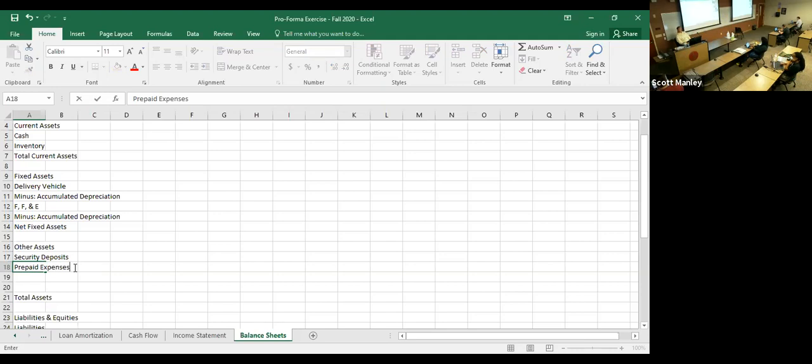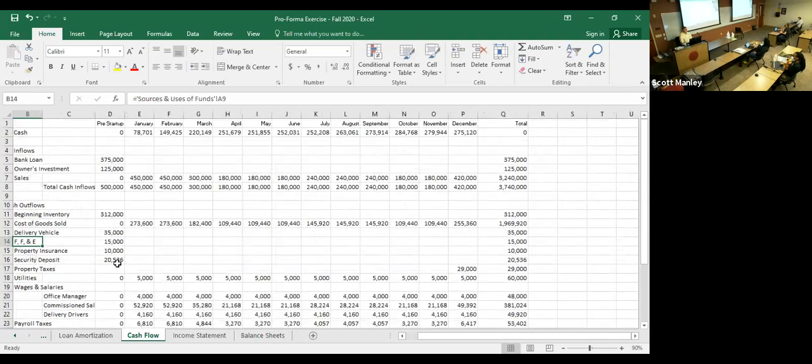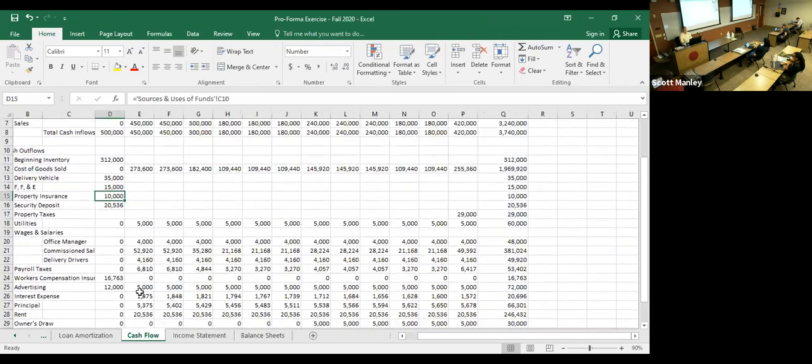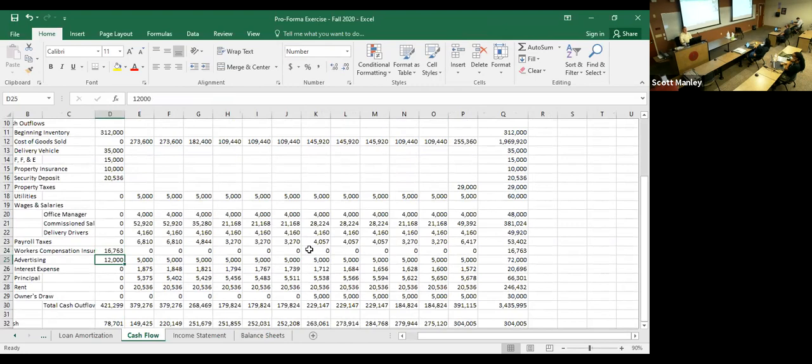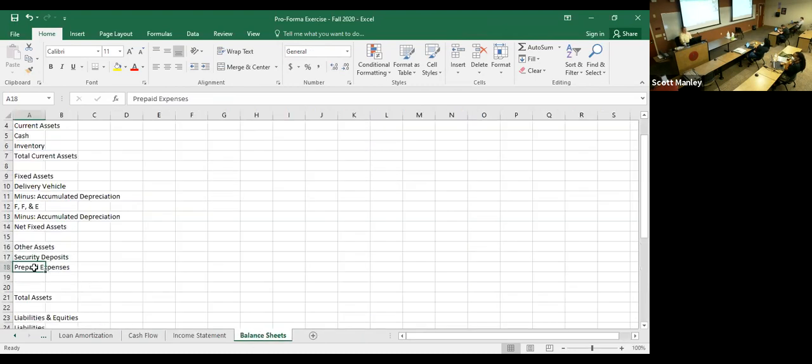I paid it before I started, right? And if you'll look at my cash flow, do you see where I paid some expenses before I started? Specifically my property insurance, my workers' compensation, and my grand opening advertising. So I paid over $39,000 worth of prepaid expenses. Okay, we got to account for that money, so it's going to show up on the balance sheet, and we're going to call that a prepaid expense.